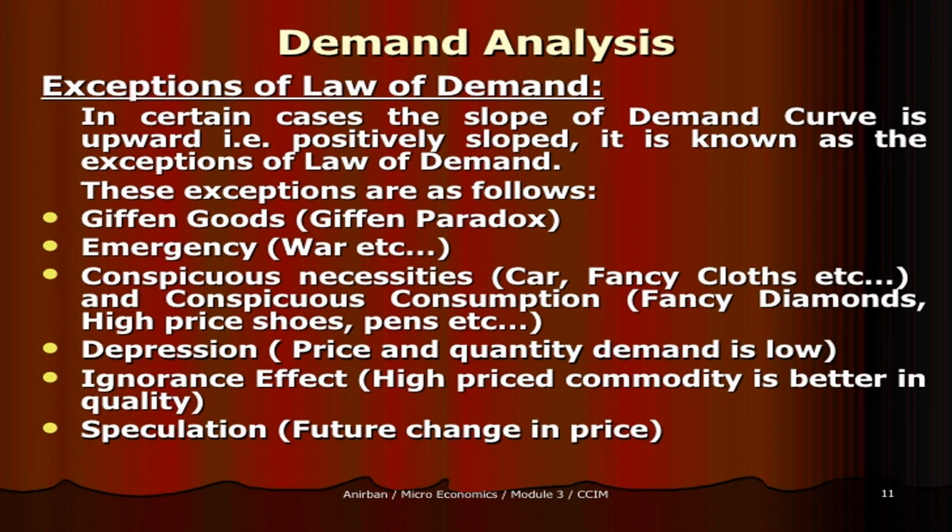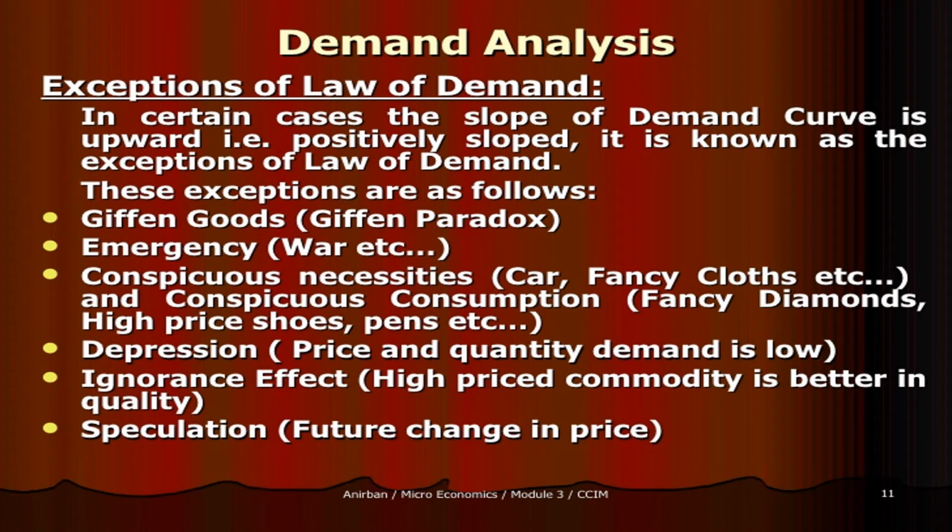This is an example of conspicuous consumption where the demand is for social status and not for the inherent utility of the commodity. In such cases, price and quantity move in the same direction. Diamonds or antique works of art are examples of such goods.